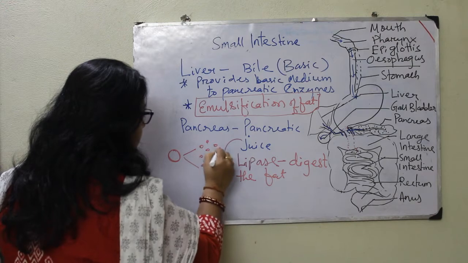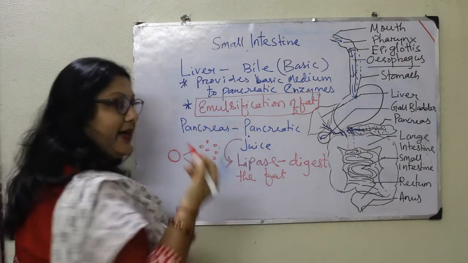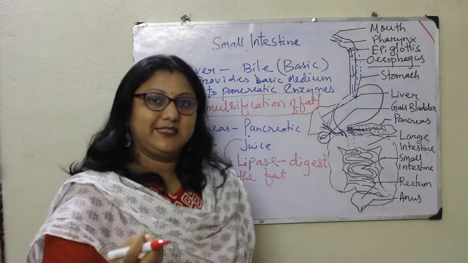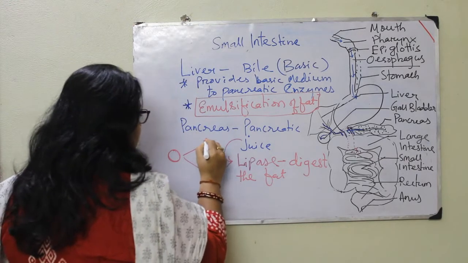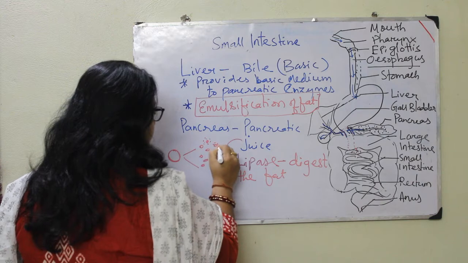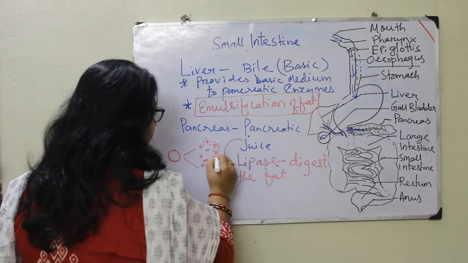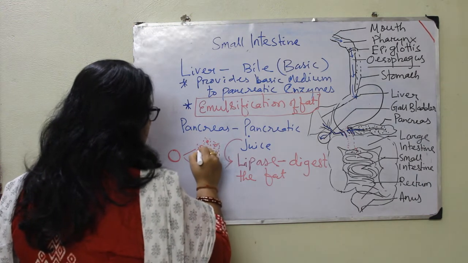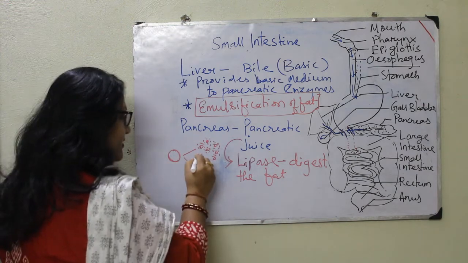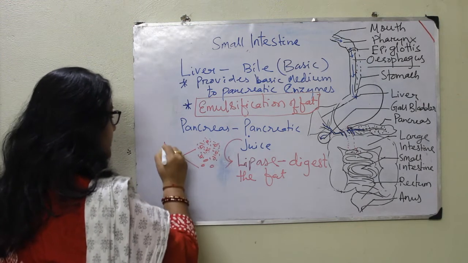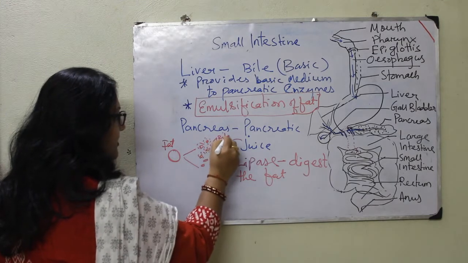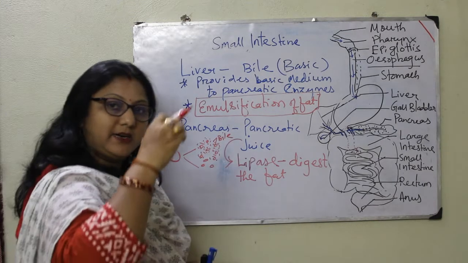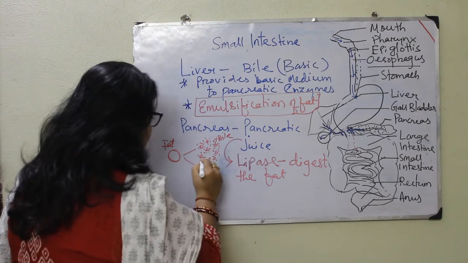Next, the bile has basic salts, and the bile molecules will start coming and surrounding each of them, right? Each of these fat droplets will be covered by bile. So this is fat and these are the bile. Okay, the bile covers the fat droplets.